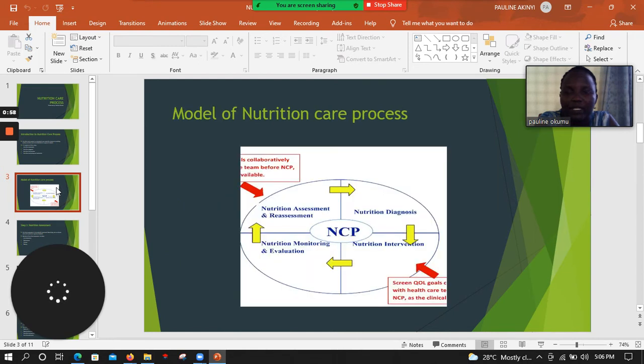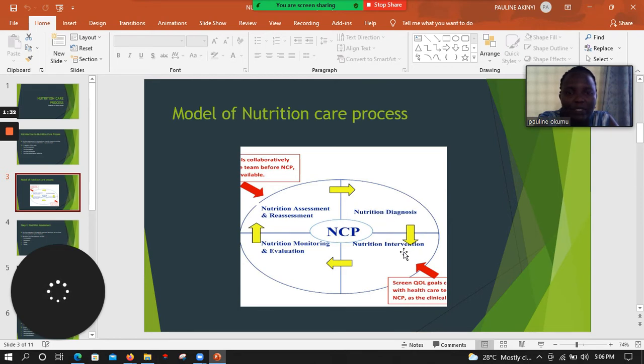Basically, before we discuss the steps, it will be wise for us to look at the model of nutrition care process. From that slide, we are able to see the model. The model shows a cycle with arrows showing from one step to the next step, and the arrows show a continuous cycle. So the first step there is nutrition assessment and reassessment, and then there is an arrow that indicates the next step, which is nutrition diagnosis.